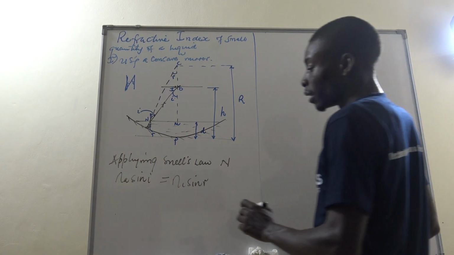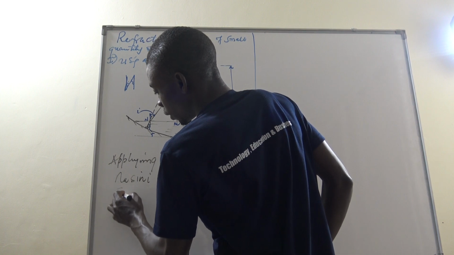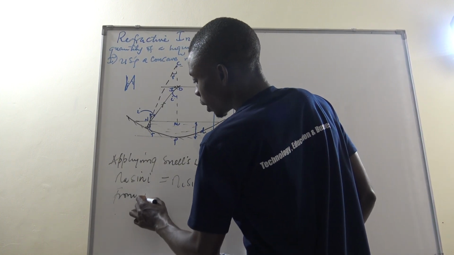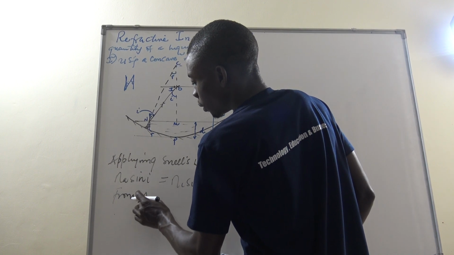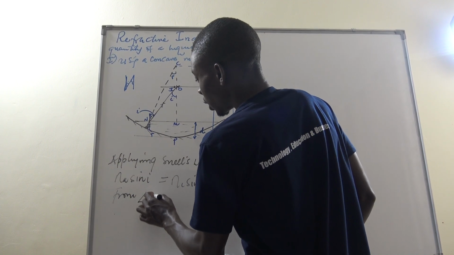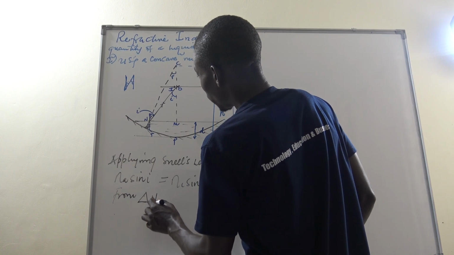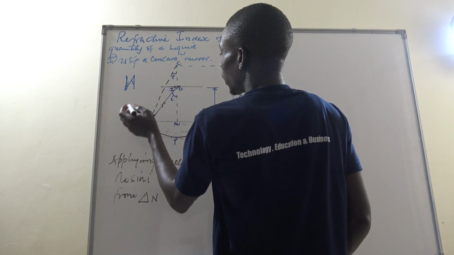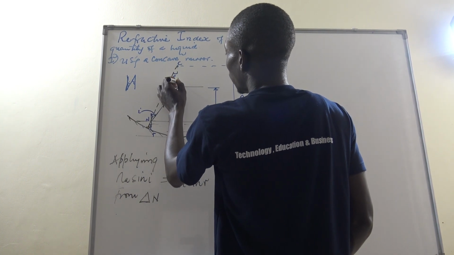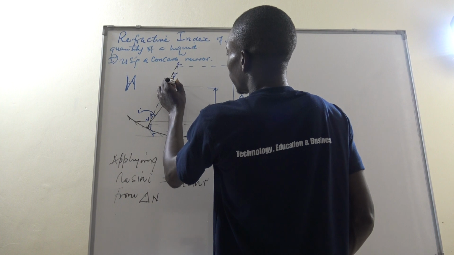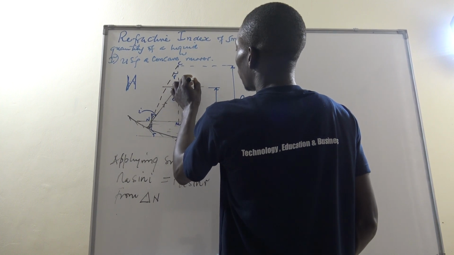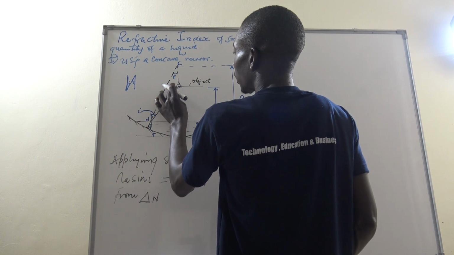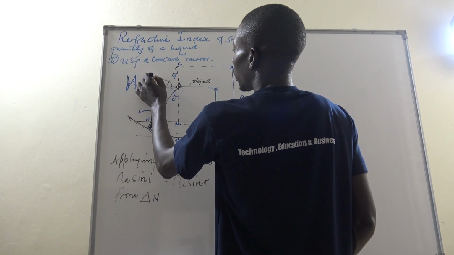Okay? And then I'll say from my triangle, any, this is object, I can call this point A, and then I can say this is object, and then I say this is image.